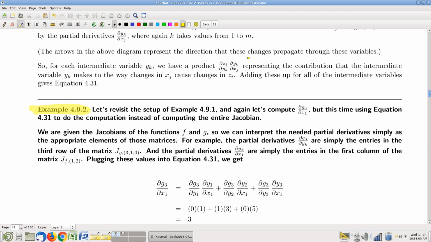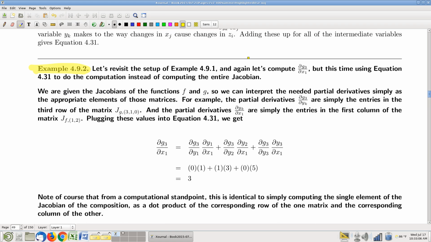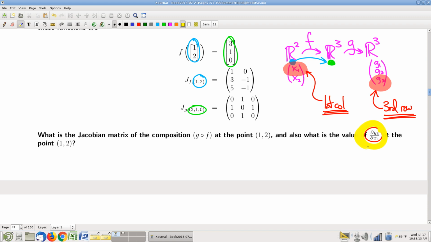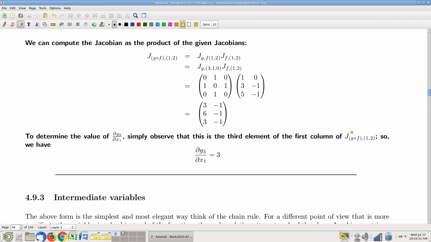Okay. All right. So looking at the previous exercise that we did, let's go back to here. We wanted to compute the partial of G3 with respect to X1. And we multiplied out and computed this whole matrix and then realized that what I'm interested in is just that one element. Well, now let's compute that one element just real quick by itself. That's a dot product of those numbers with those numbers.